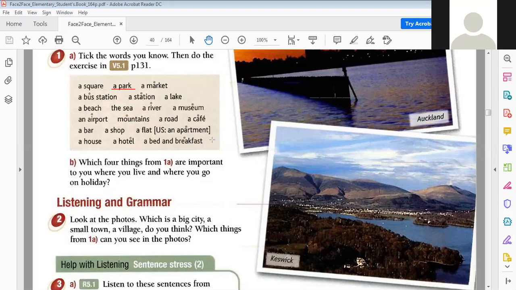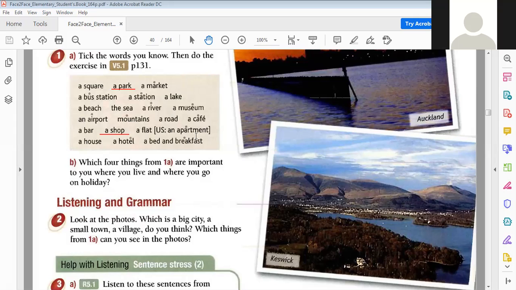A shop. I like shopping very much. I really like buying some clothes. Every holiday, I go shopping with my family. Do you like shopping malls, shopping centers?